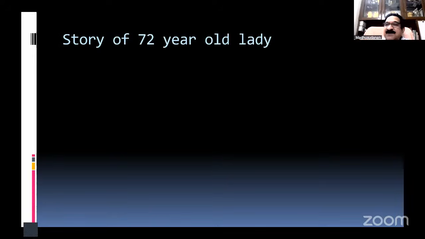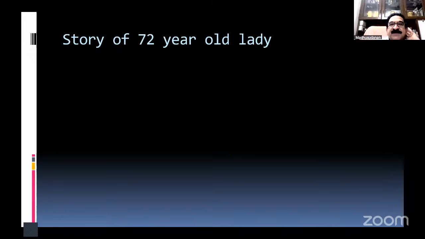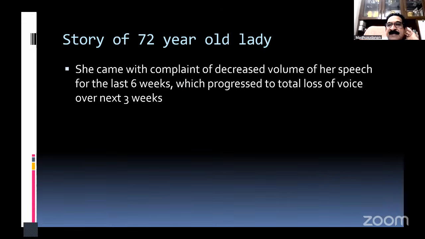Okay. Shall I go to the next case? It's a long case. Yes. Okay. This is the story of a 78-year-old lady. She came with a complaint of decreased volume of her speech for the last 6 weeks, which progressed to total loss of voice over the next 3 weeks.